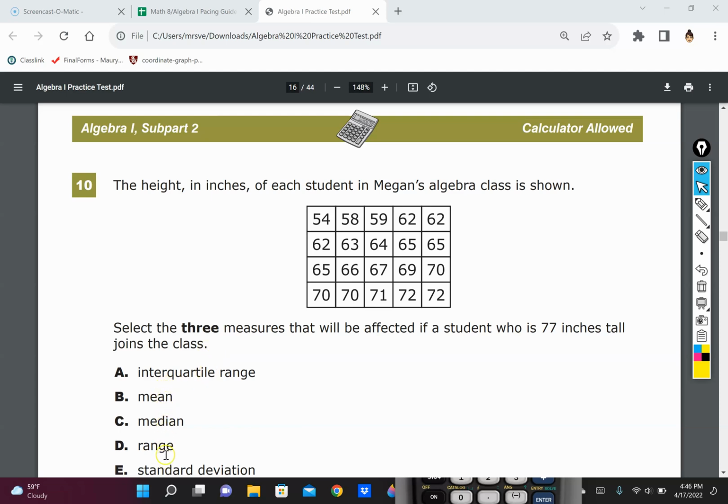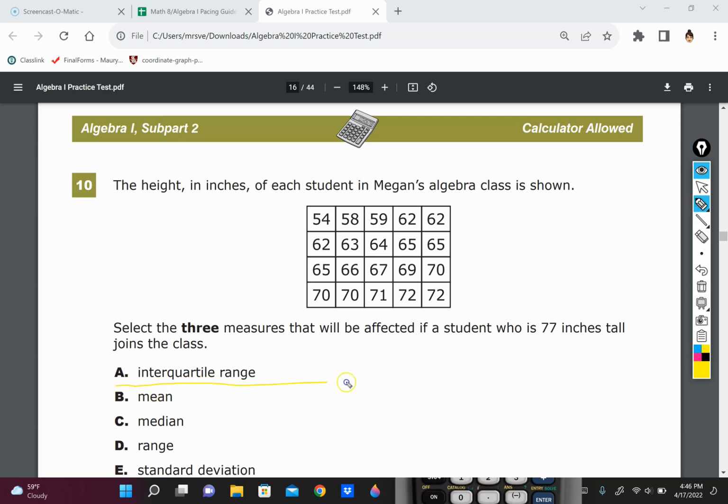So if you look at your answer choices, we're talking about the interquartile range, your mean, which is your average, your median, your range, and your standard deviation. What I wanted to show you is how to calculate all this in your graphing calculator.